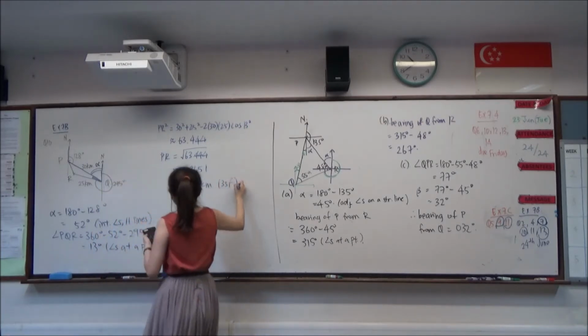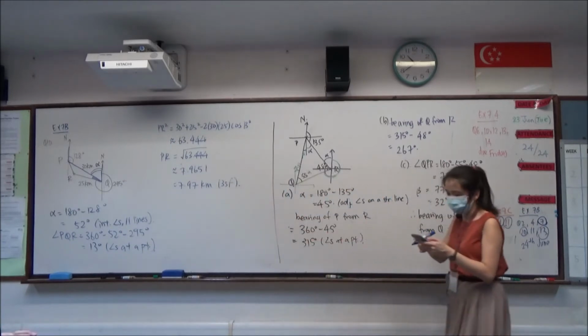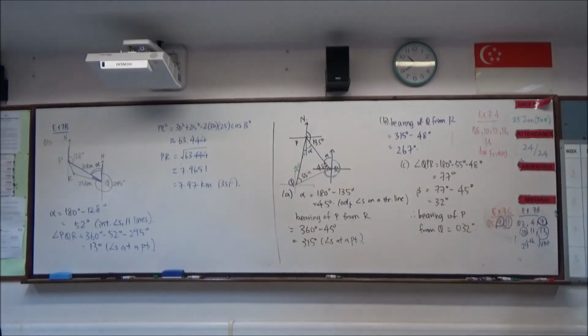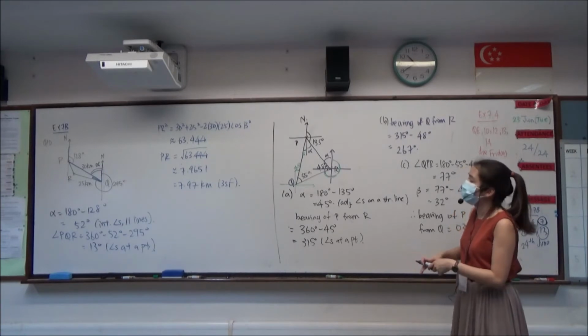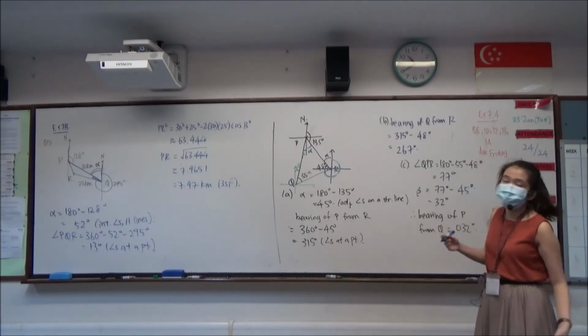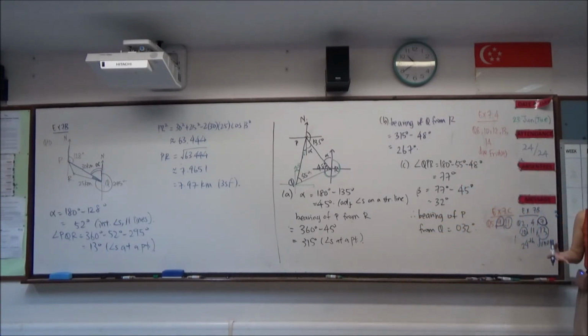We get 7.97 km in 3 s.f. In case you're wondering, for question 10 we have to draw a diagram to guide ourselves so as to visualize the situation. Likewise, earlier on in question 7, we also had to do the same thing. But why is it that question 10 only had that one case and question 7 had two cases?